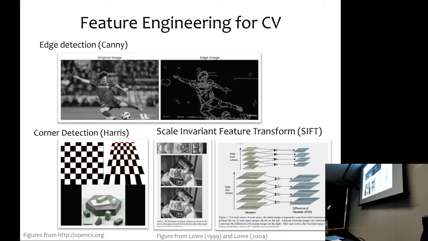Another example is the Harris corner detection algorithm, which, given a picture like this, can highlight the corners with little green dots, or up here with red dots. Then there are more complex functions like SIFT features and HOG features.